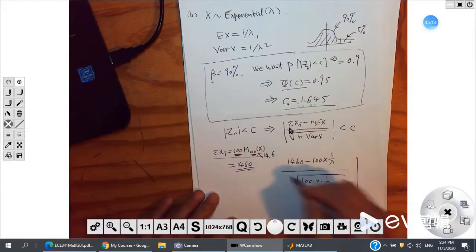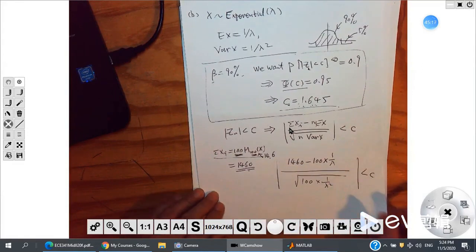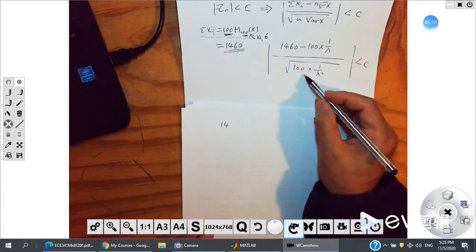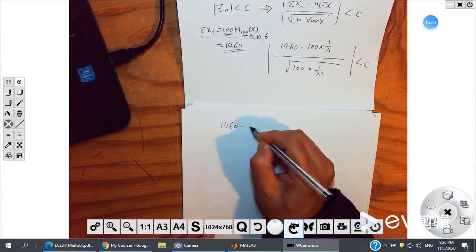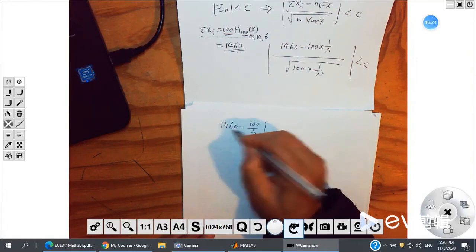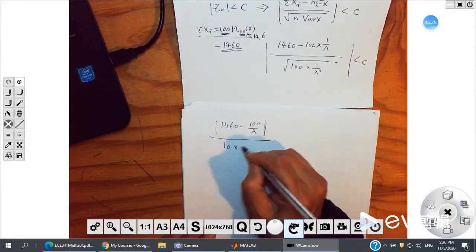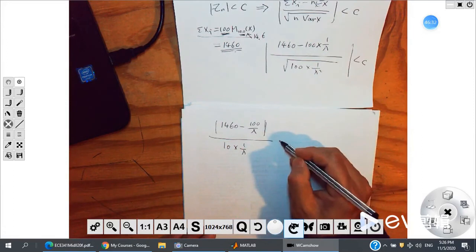We want this smaller than C. Now we try to rewrite this in terms of lambda being smaller than some value. So I have 1460 minus 100 over lambda, absolute value, over square root, which is 10 times 1 over lambda. This one is smaller than C.